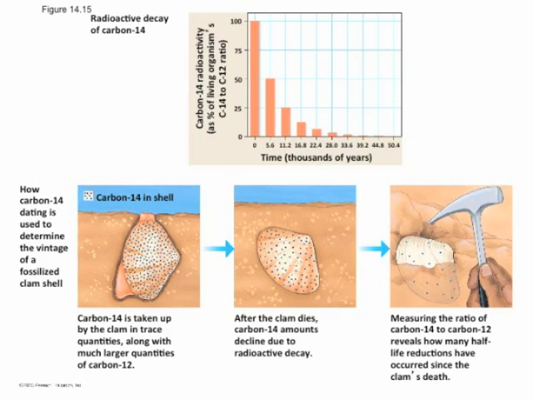And it turns out that as an organism is alive, carbon-14 is constantly being taken up in small quantities, and carbon-12 is being taken up in larger quantities. So your cells are made up of some carbon-14 and some carbon-12. And as you eat and grow and repair your cells, you're constantly replacing carbon-14 and carbon-12.